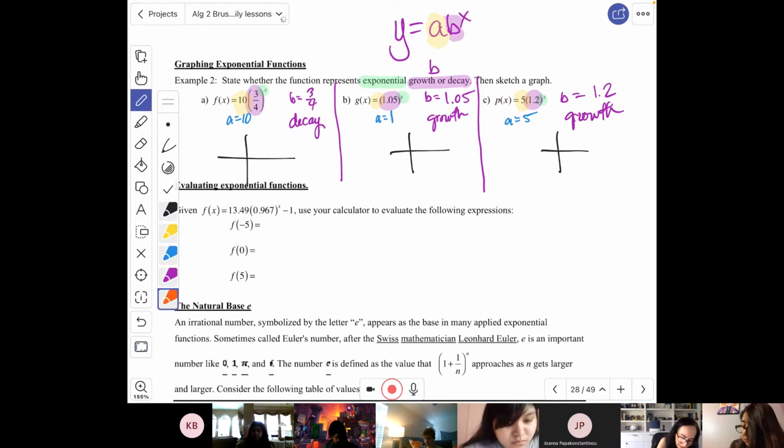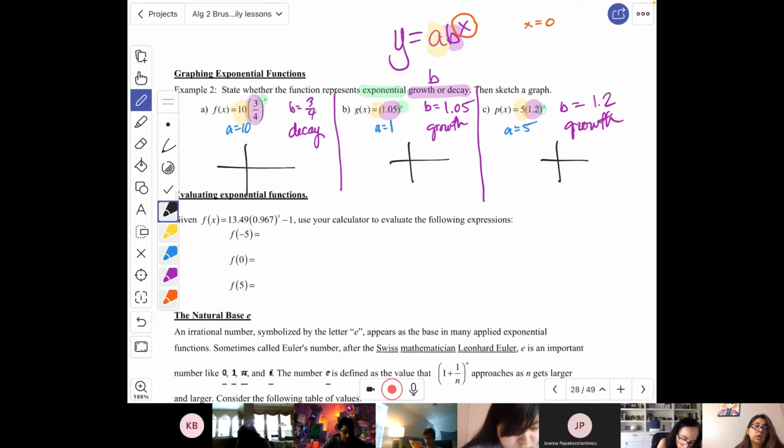If I let x equal 0, if I let the exponent equal 0, I want you to look at this b to the 0 power. What does that become? As long as b is not 0. But growth or decay, it's not 0. What does it mean when I have a number raised to the 0 power? What does that equal?